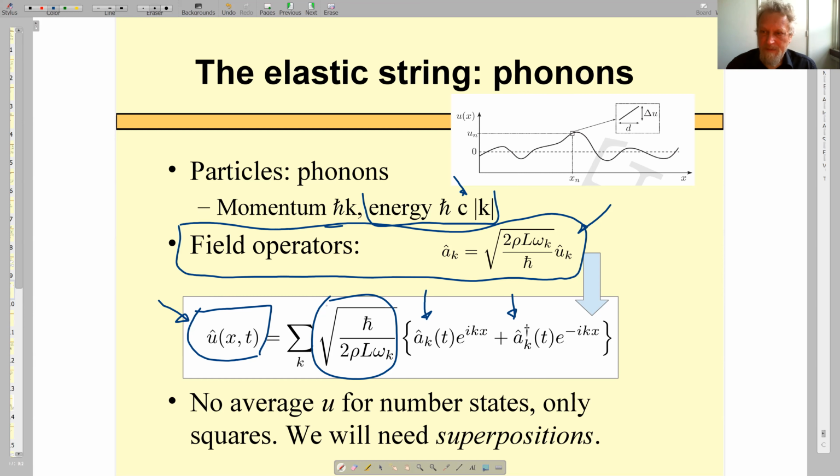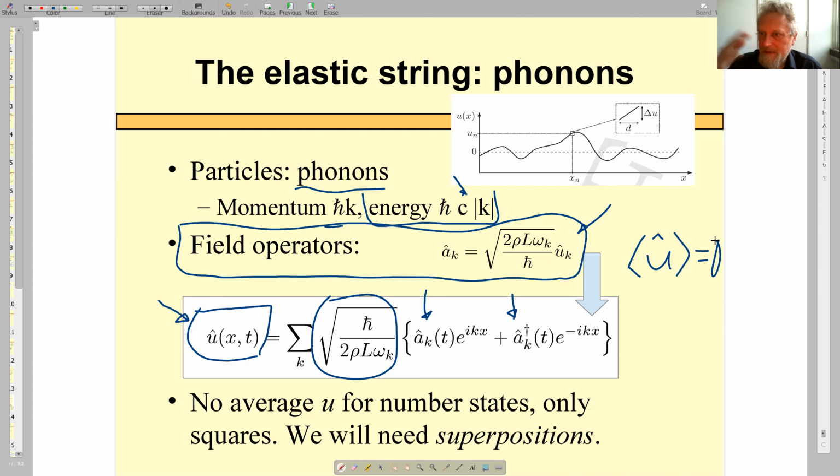What will become relevant in a couple of lectures, and what I would like to mention now, as we see, is this: if you take a number state, a state with a definite number of particles, a definite number of these phonons, the average of u at whatever point will always be zero, right?